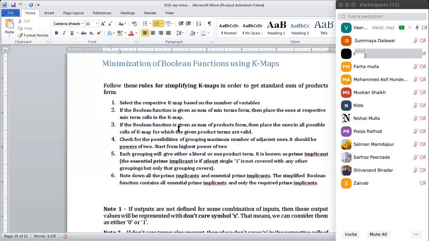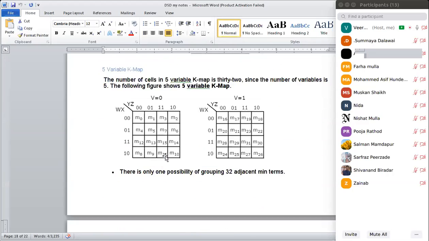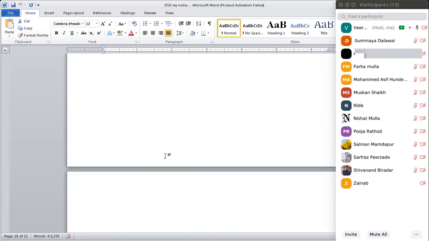So here some simple rules are there for simplifying this K-map in order to get the standard SOP. Previously we have gone through a standard SOP and standard POS, which are having different steps.